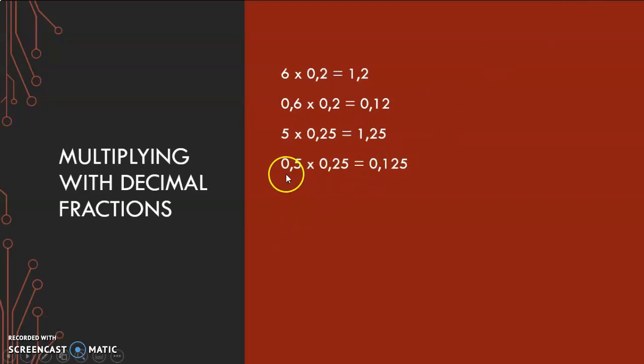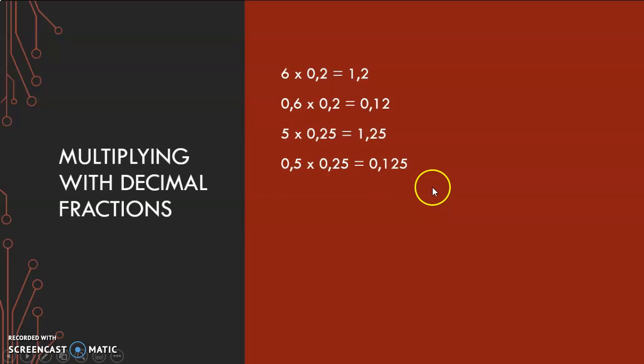So if I have 0,5 times 0,25, 5 times 25 is still 125. But now I have 1, 2, 3 digits after the comma. So my answer needs to have 3 digits. So now my answer will be 0,125.